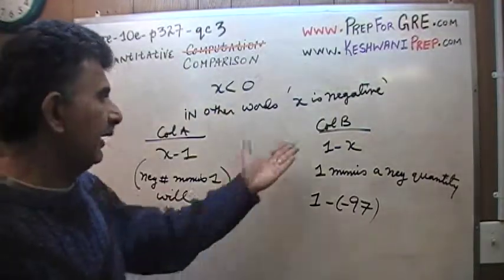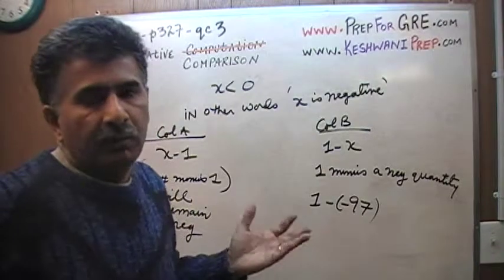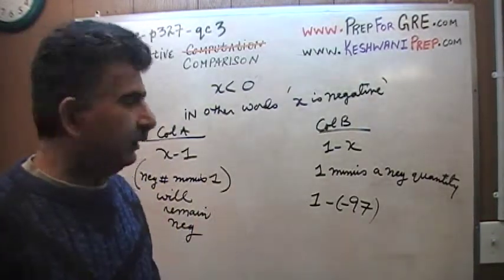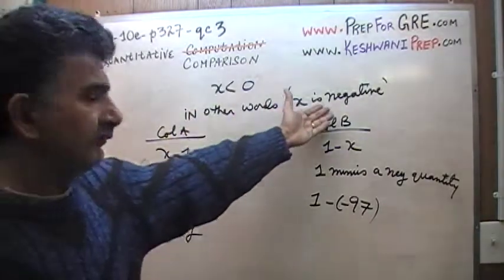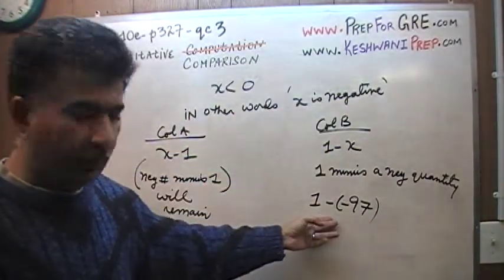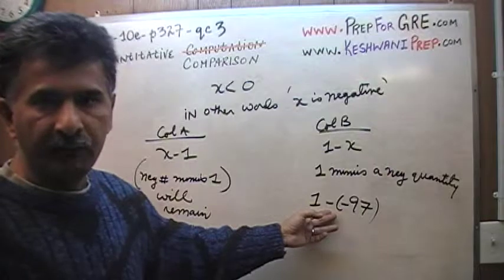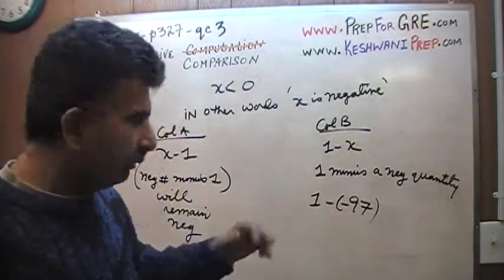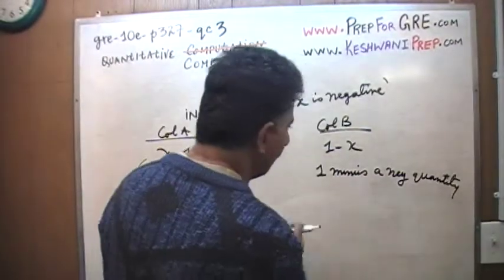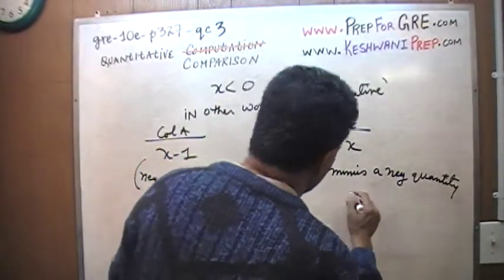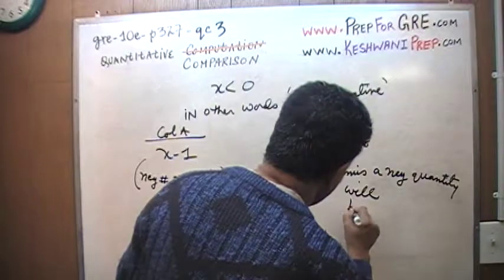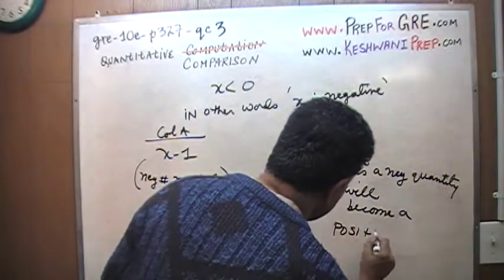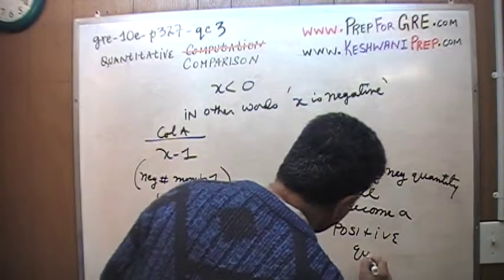So don't sit there and say, well, I cannot really compare because I don't know what the x is. It doesn't matter what the x is, whether x is a fraction or a whole number, as long as we know that x is negative. x can be negative half, or x could be negative half a million. It makes no difference. 1 minus a negative quantity will become a positive quantity.